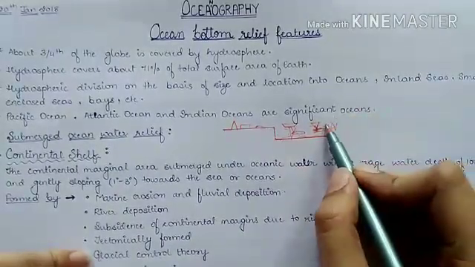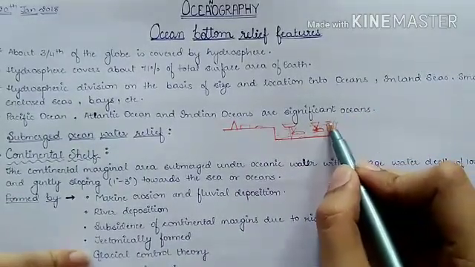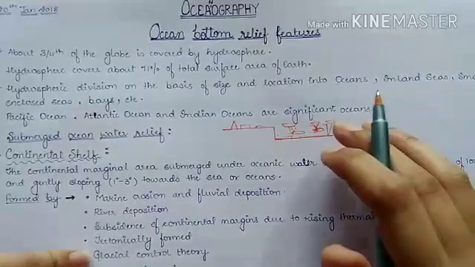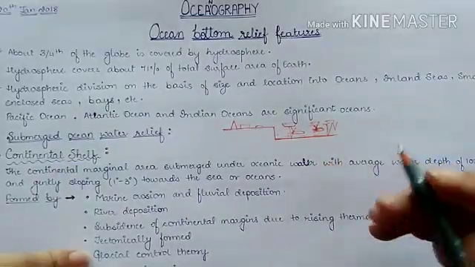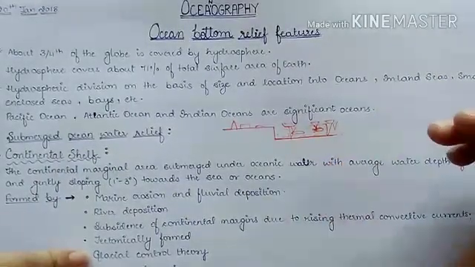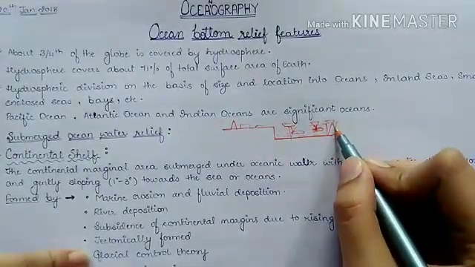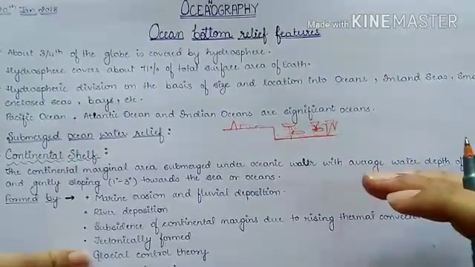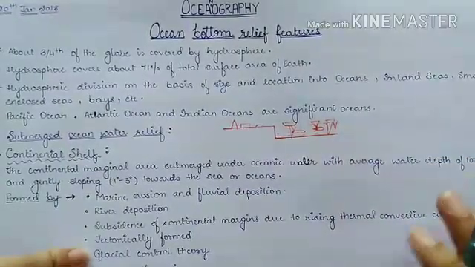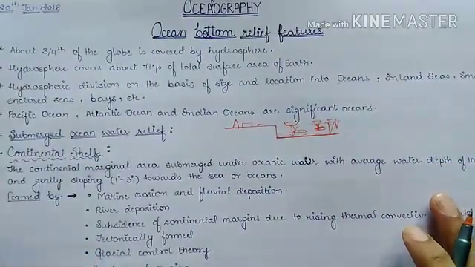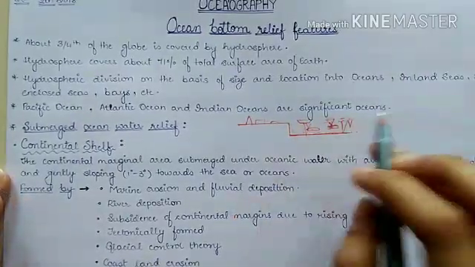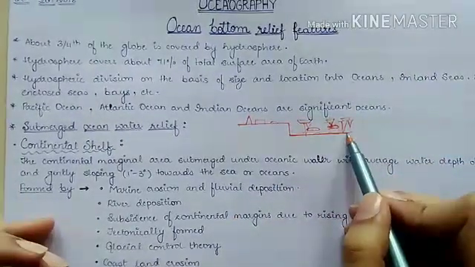So he concluded that the ocean bottom is not flat as we used to think. With this he gave the theory of seafloor spreading that we have already done. This is how this theory evolved.